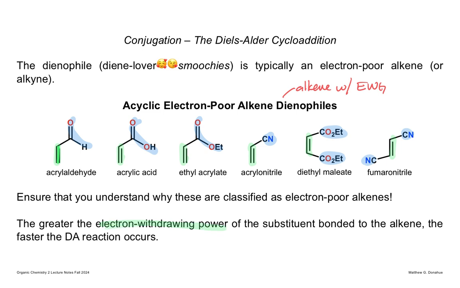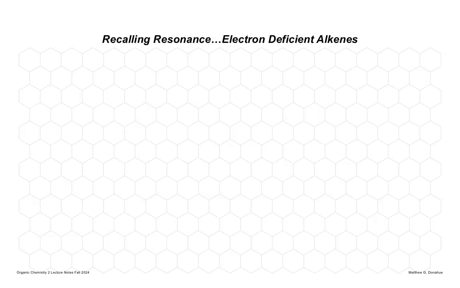What do we mean by that? So there's your just normal alkene. If I substitute one of those H's for an aldehyde, now we have this compound.